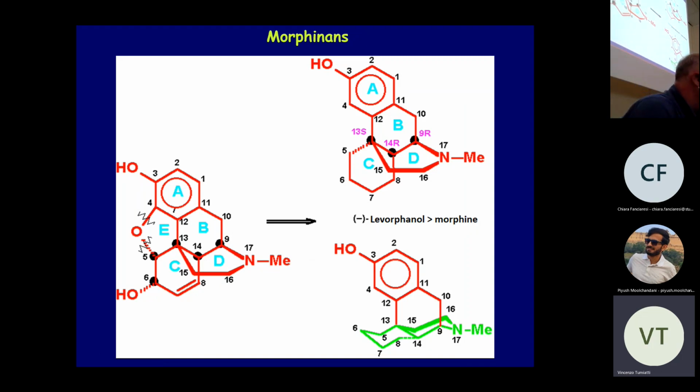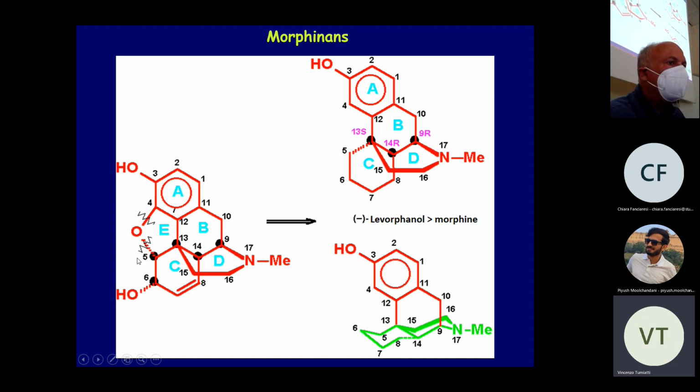As I told you before, the scientists investigated a lot the importance of the different groups in the morphine. Here on your left, you can see the chemical structure of morphine.